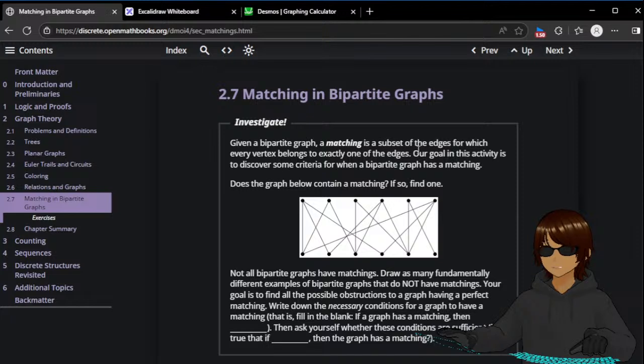A matching is a subset of edges for which every vertex belongs to exactly one of these edges. Hold on, I'm confused. Every vertex belongs to exactly one of the edges.